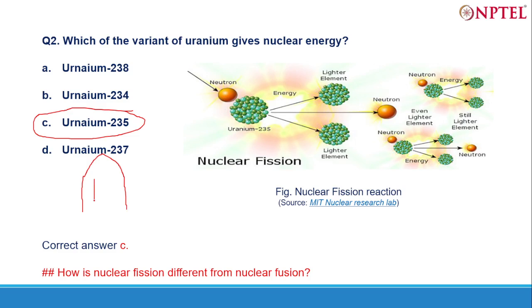Here are nuclear rods made of uranium 235, and these rods are bombarded with neutrons. After bombardment with neutrons, they release thermal energy. That thermal energy is taken out by circulating cold water.